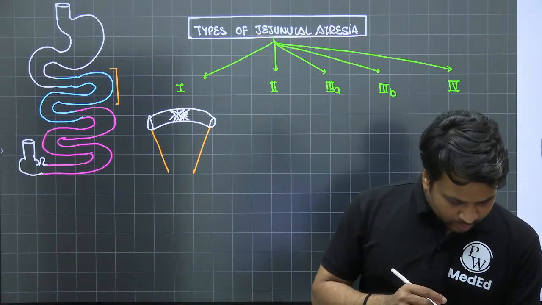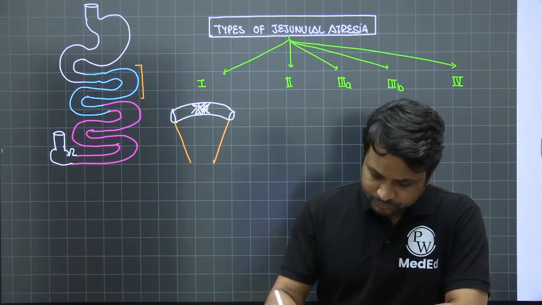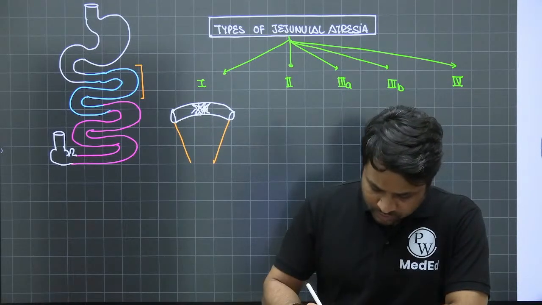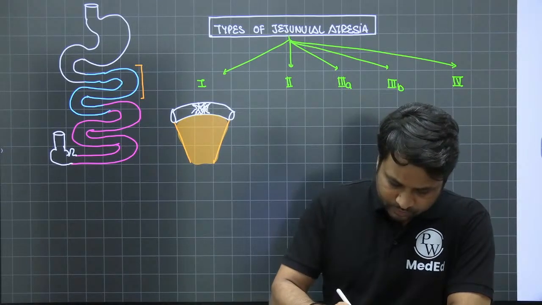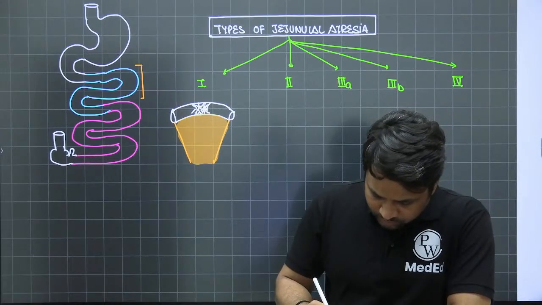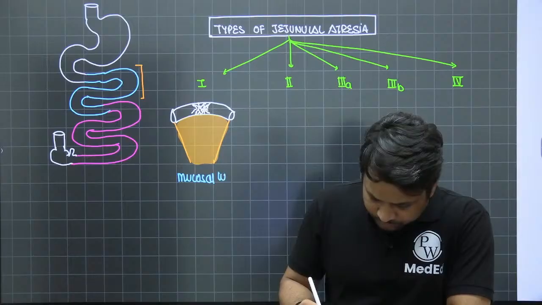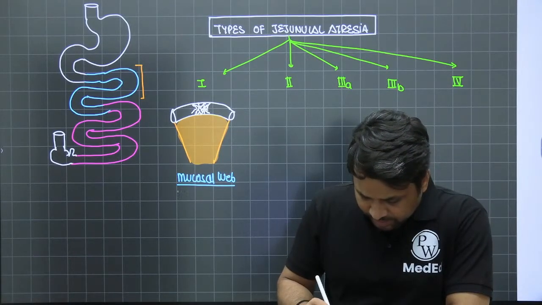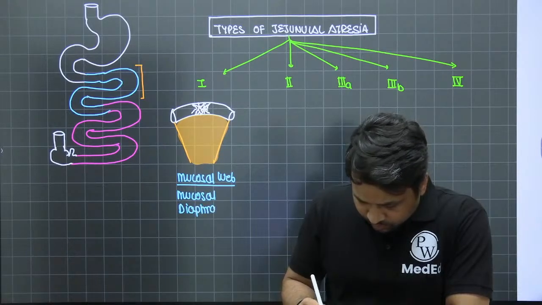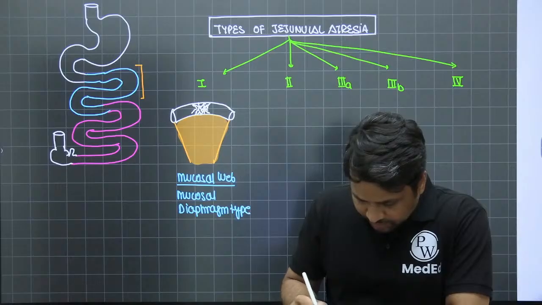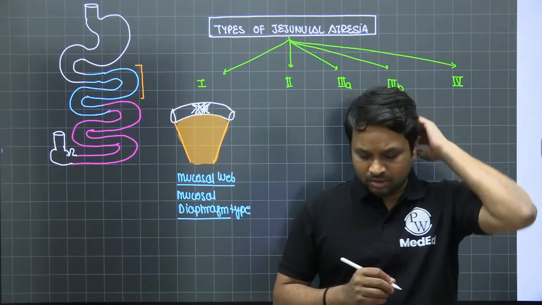So in a type 1 variety, it is the mucosal web or the mucosal diaphragmatic type.